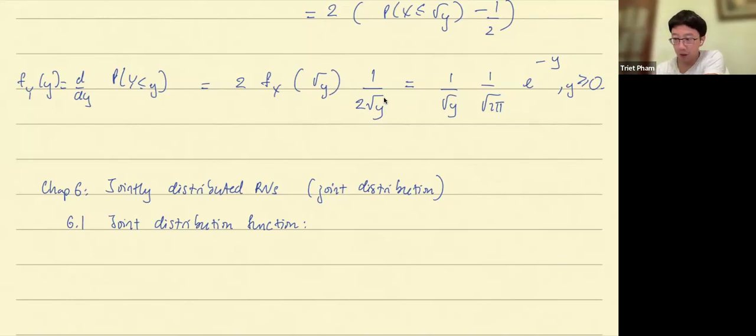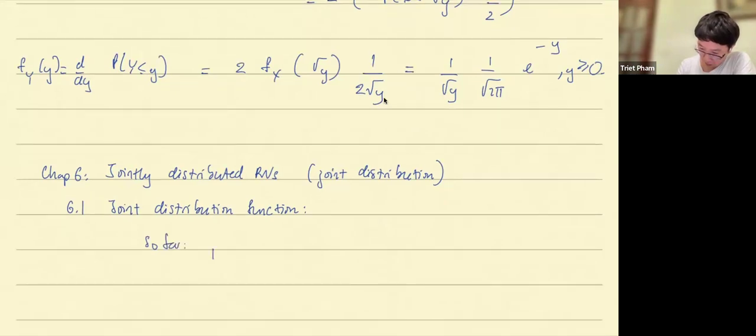So far, what we've been focusing on is the behavior of one single random variable. We haven't looked at, let's say, 2 random variables together, or n random variables together. What's an example?